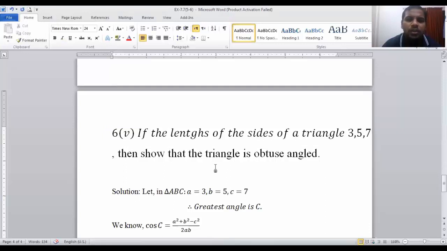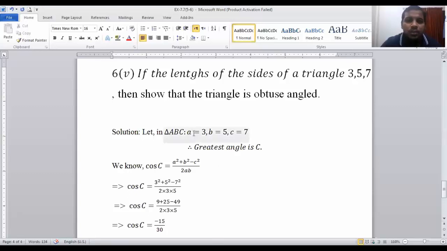So if we can show an angle is greater than 90 degree, then we will get the proof that the triangle is obtuse angle. Here we just consider a triangle ABC, then a is equal to 3, b is equal to 5, and c is equal to 7.